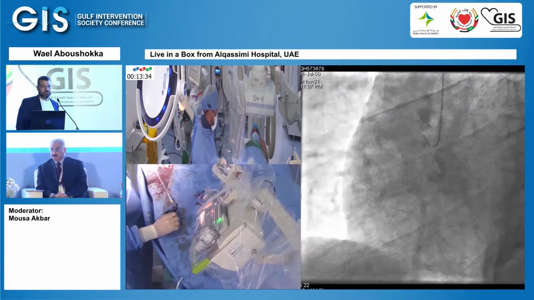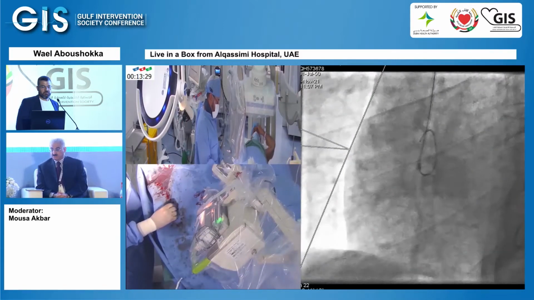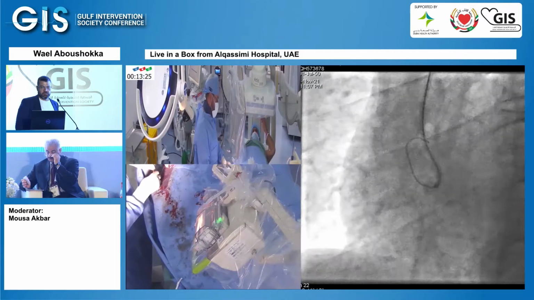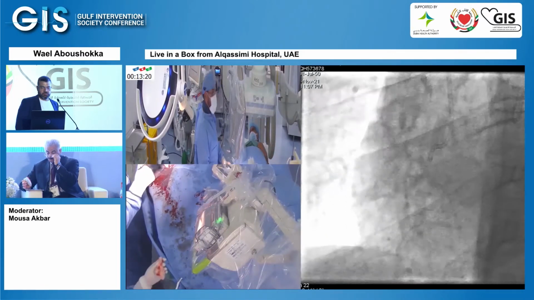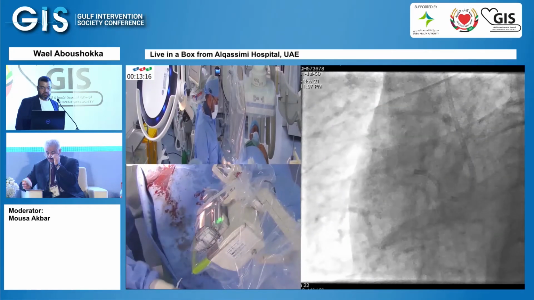As we did in the introduction, our patient is a staged PCI to RCA. We'll do a check angio for the left system first, and we are going to go through right radial access.